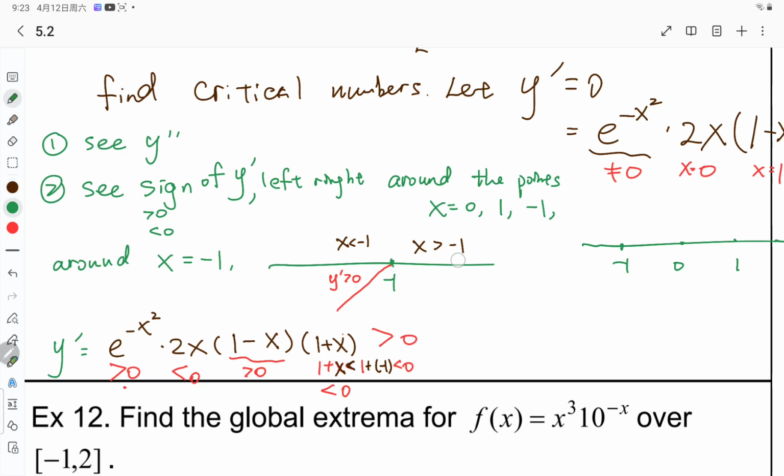Okay, so x is greater than -1. I can do it again here. Y prime is equal to e to the negative x squared. E to the anything is always going to be greater than 0.